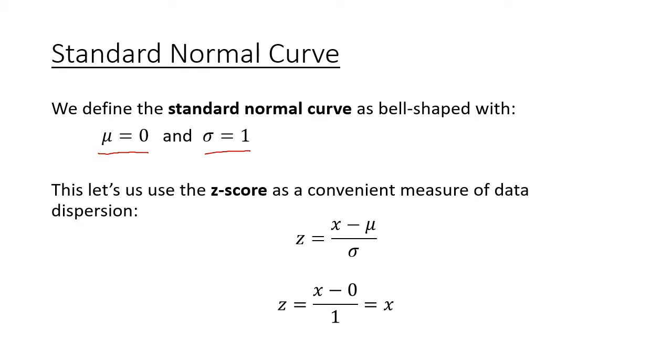Because what we're going to do is go back to this concept of z-scores. And remember, the formula for the z-score was my data value, x, minus my mean, mu, and then divide that by the standard deviation. But if my mean is 0, x minus 0 is just x. That doesn't do anything. And if I divide by 1, that doesn't do anything.